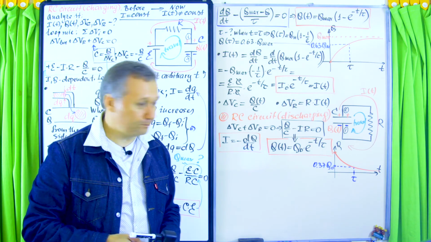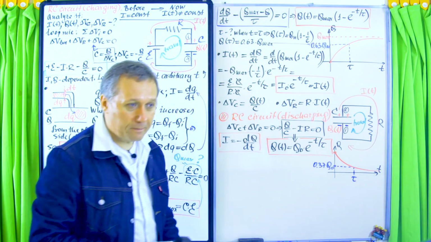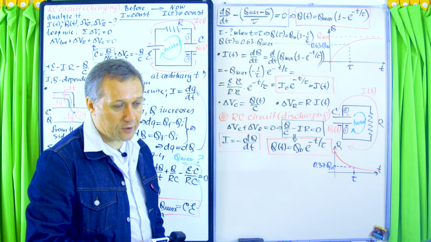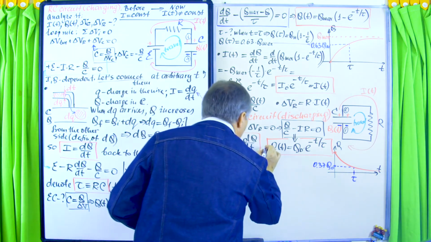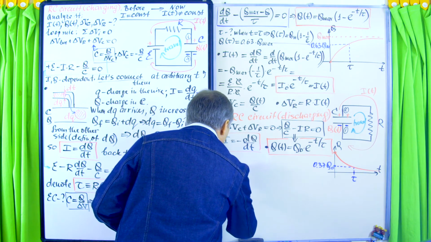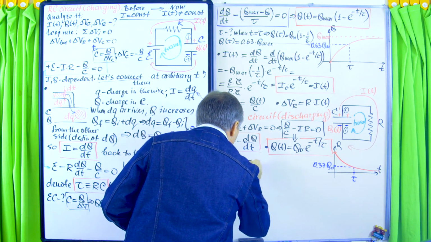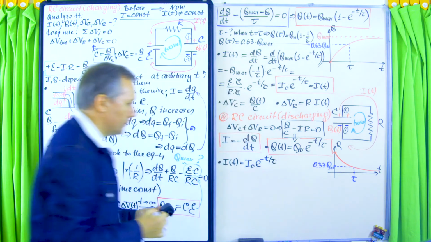And then, of course, if you take this and plug it into this relationship, you will get how the current changes in time in this case. So let me put this by the first bullet. Now the second bullet, for the current. It will again be I naught e to the power of minus t over tau.